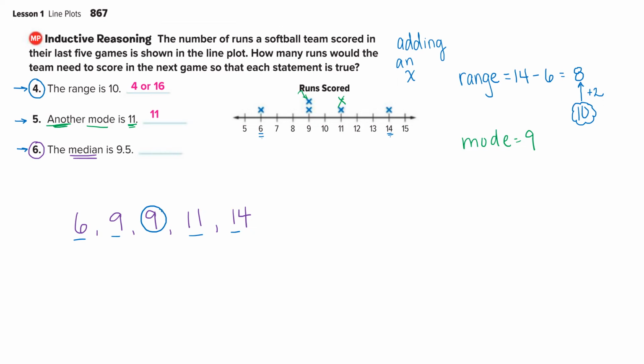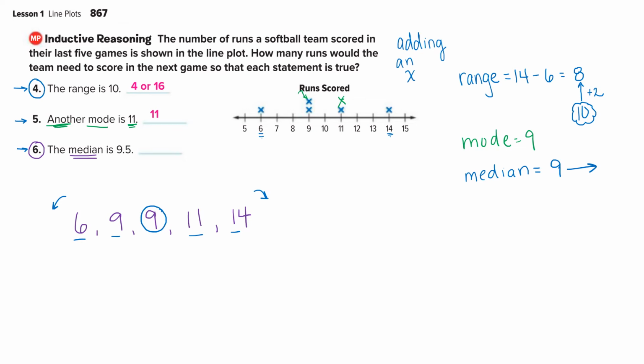All right, so we have to start thinking here because right now our median equals 9. We want to increase that. So am I going to be putting a number to the left or am I going to be putting a number to the right? Think about that.